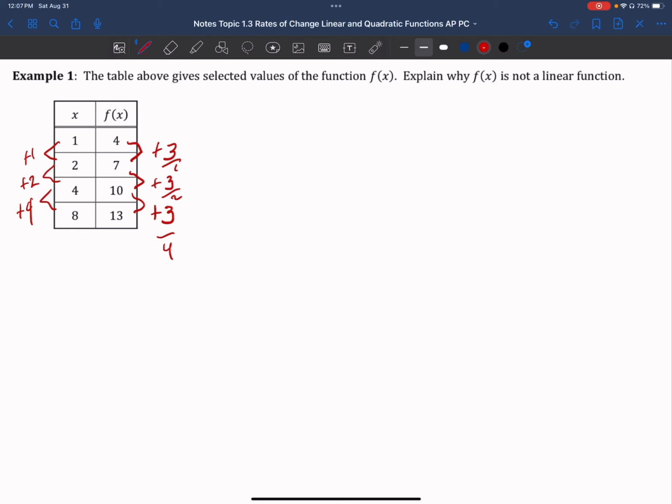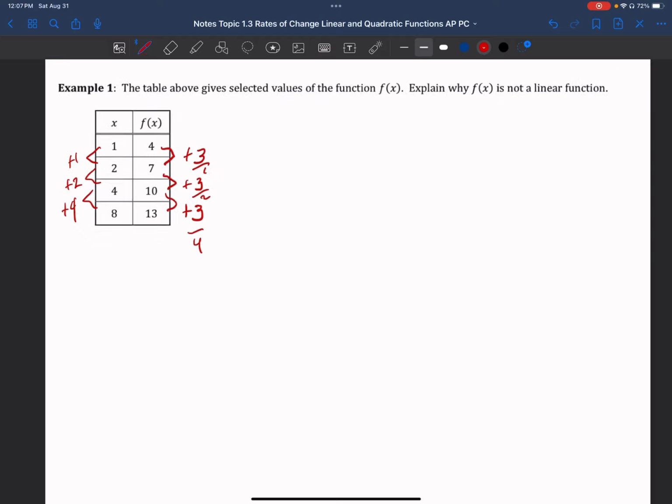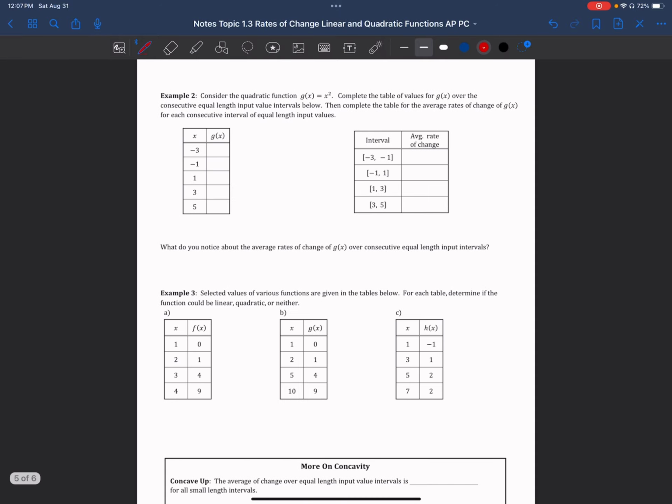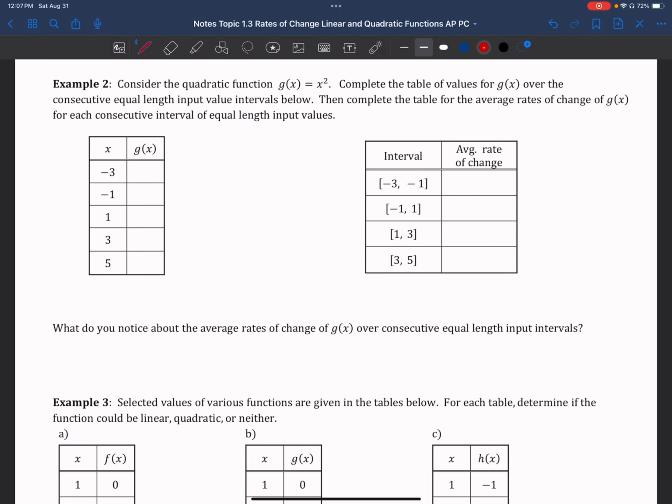Make sure you write your answer using that explanation that I just gave you. And again, when you're answering the questions, you want to reinstate part of the question in your answer, explaining what they want to know or what they're asking you.